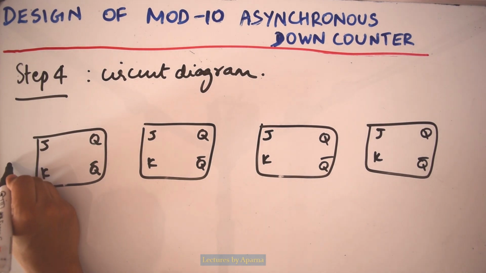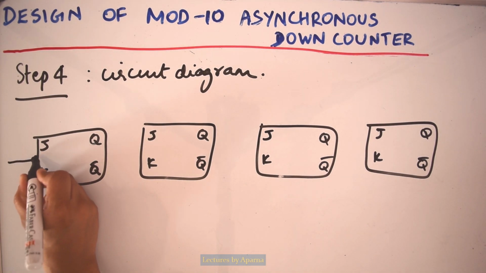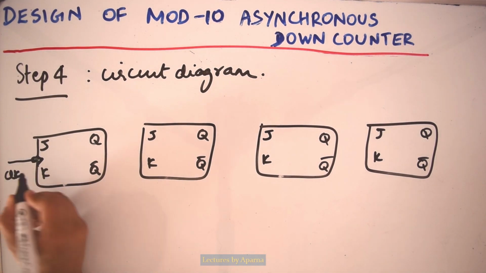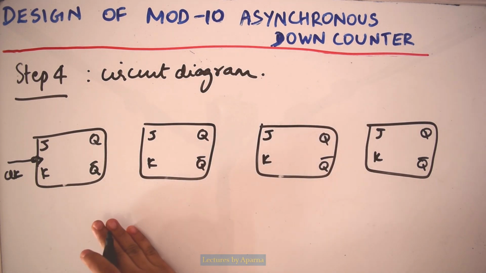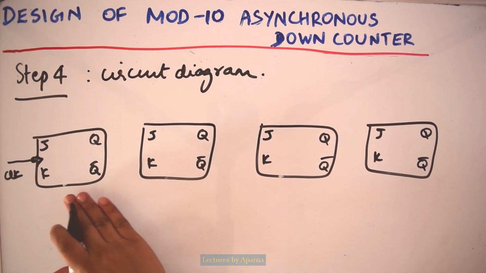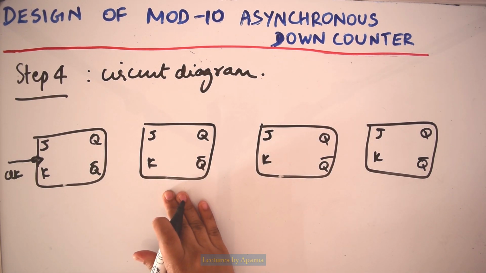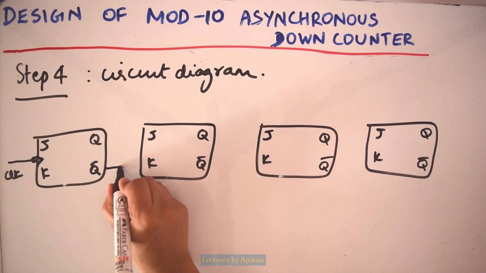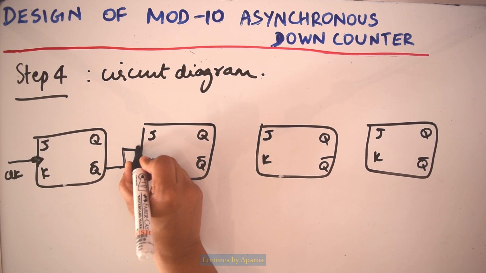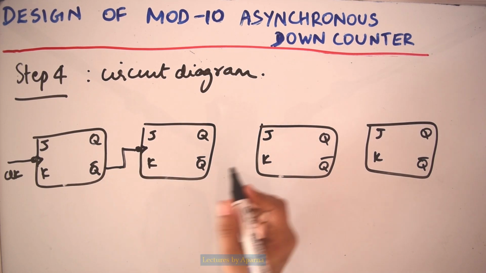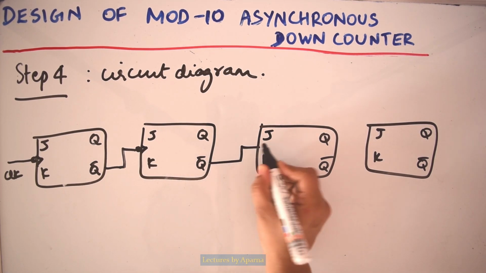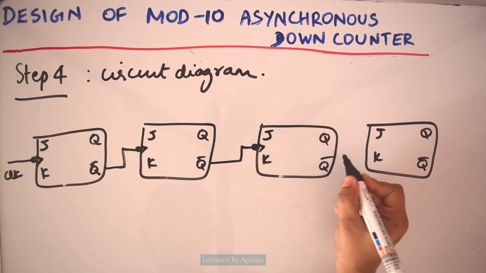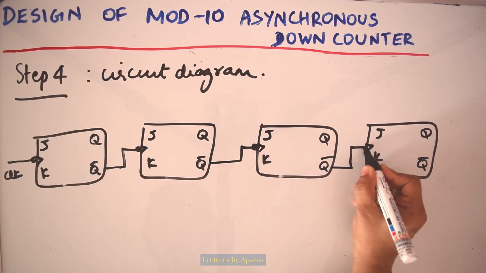Now the clock signal will be given to first flip-flop. This is an asynchronous counter, so the output from one flip-flop will be acting as the clock for the next flip-flop. So here from Q bar you have to give the clock for the next flip-flop. From here to this and from here to this.